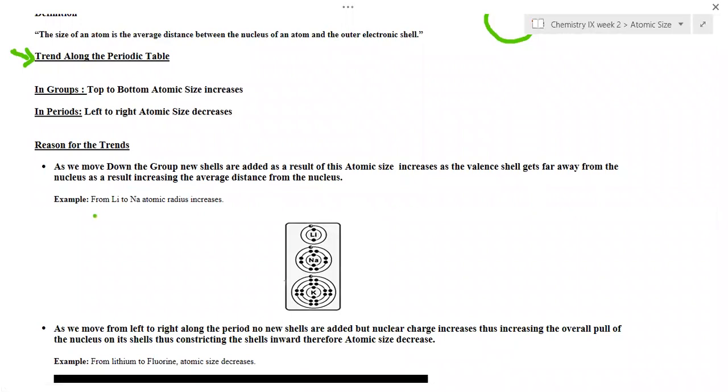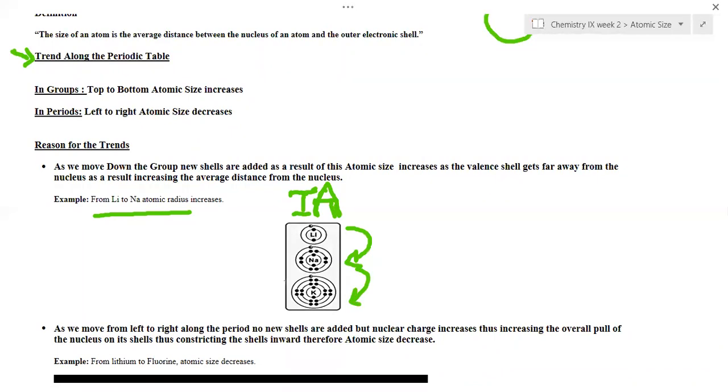Let's discuss it with the help of an example. This is once again the example of group 1A. From lithium to sodium, see, the shells are added. Yes. From sodium to potassium, see.